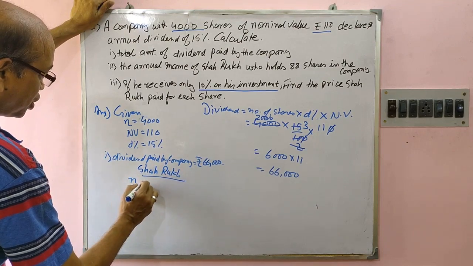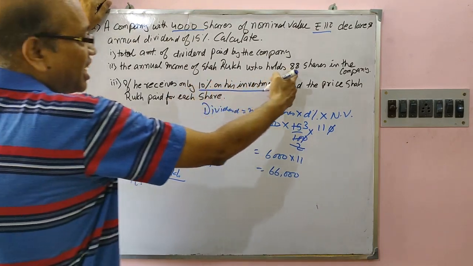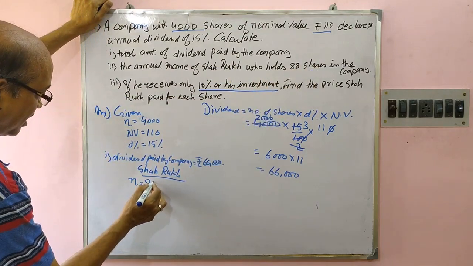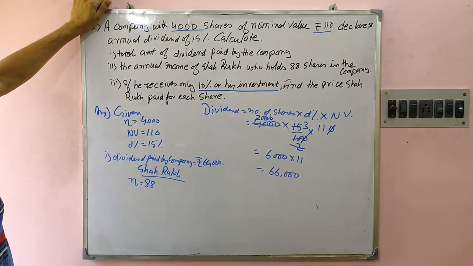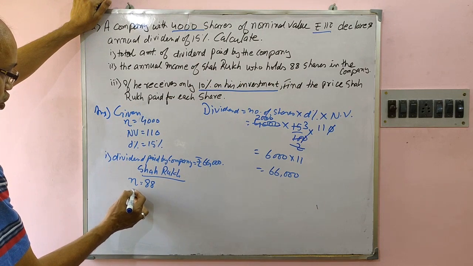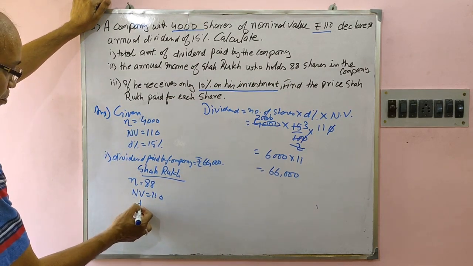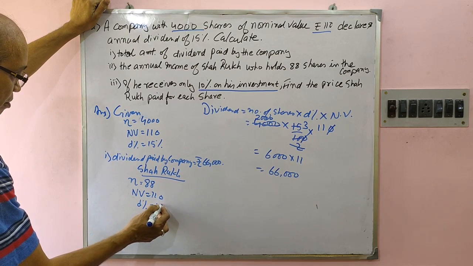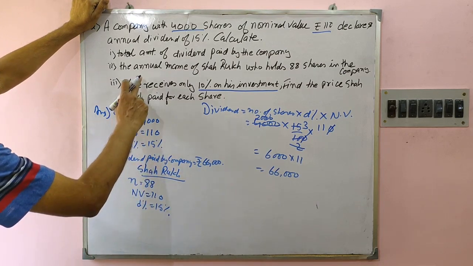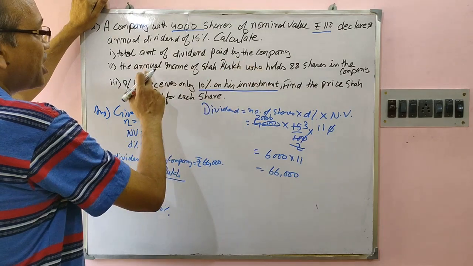Number of shares Shahrukh has is 88. Therefore, N is equal to 88. Rest same. Nominal value is 110. D percent is 15%.